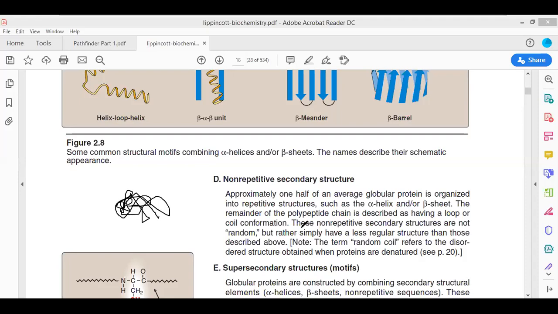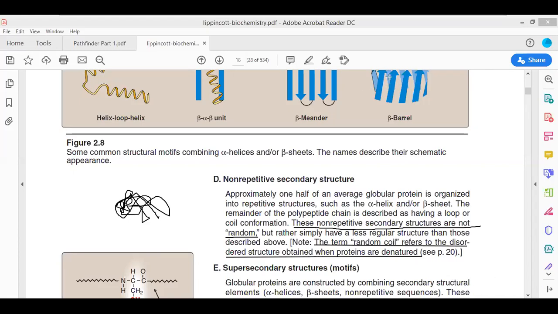These non-repetitive secondary structures are not referred to as random, but rather simply have a less regular structure than those described above. There is a term which is effectively used, and that term is random coil. The term random coil refers to the disordered structure obtained when proteins are denatured. When you denature the protein and look at its structure, there would be a completely randomized structure, and that is referred to as the random structure of protein.